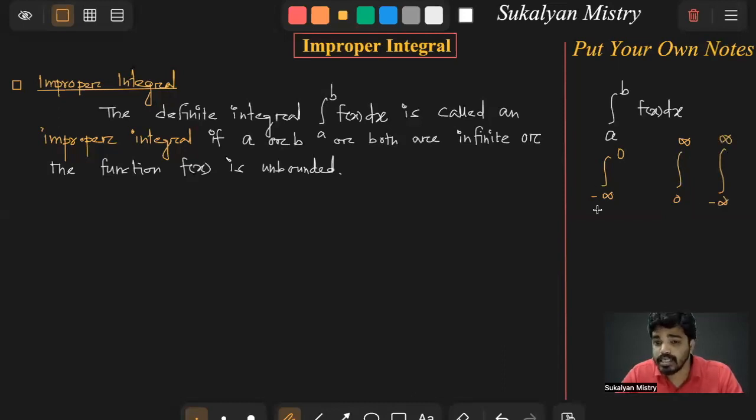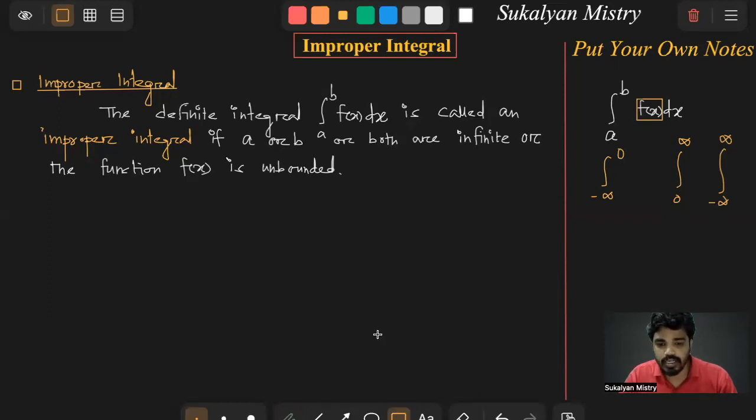So either a is infinite or b is infinite or both are infinite, so this is said to be an improper integral. Okay. Or the function f(x) is unbounded. If the function f(x) is unbounded, then it is also called an improper integral.